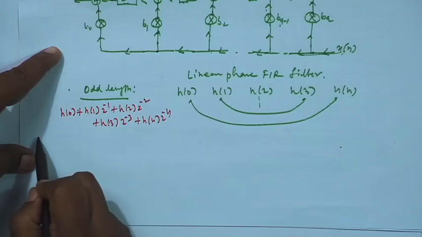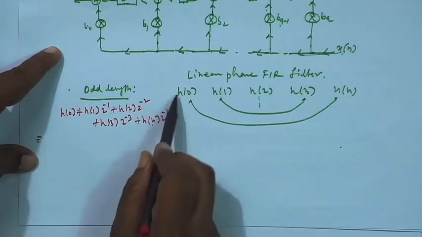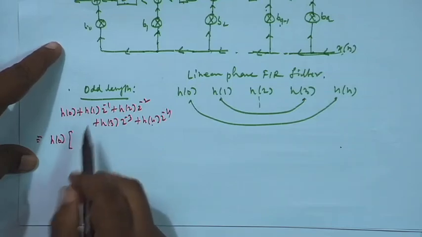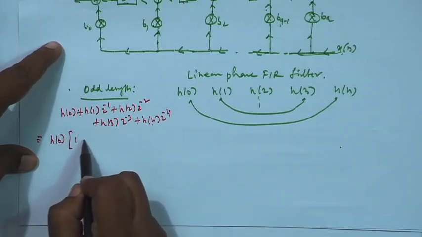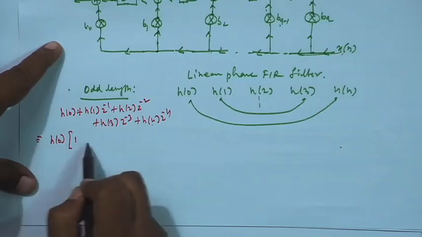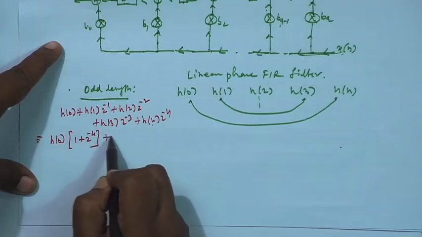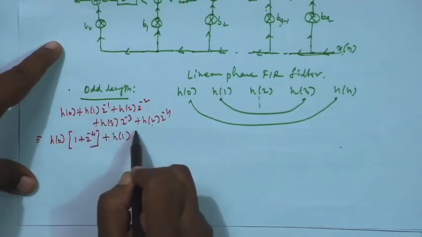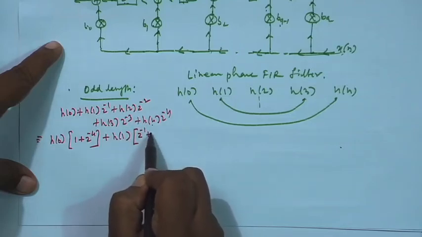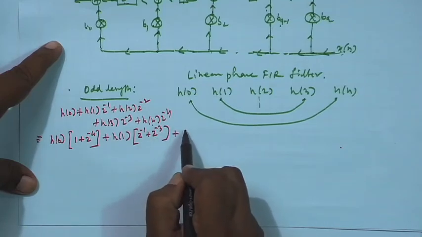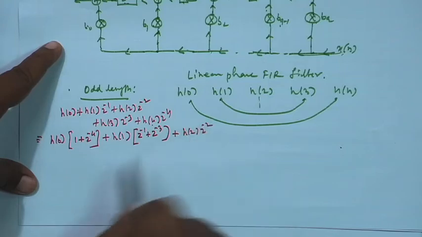But that is equivalent to, if you have h4 equal to h0, so you take h0 common, 1 plus z inverse 4, then take h1 common, and then h2 z inverse 2.